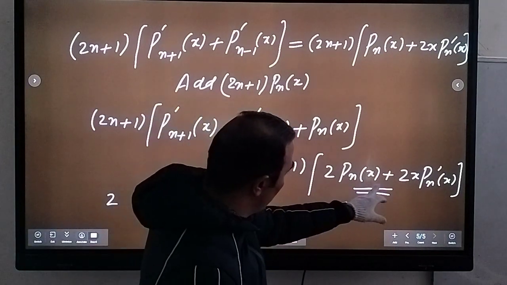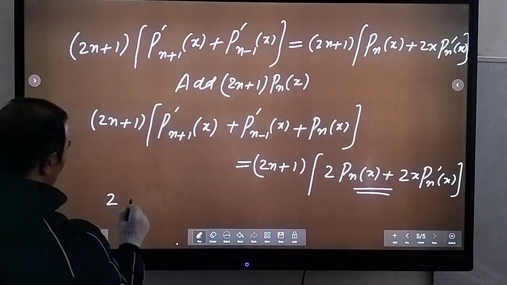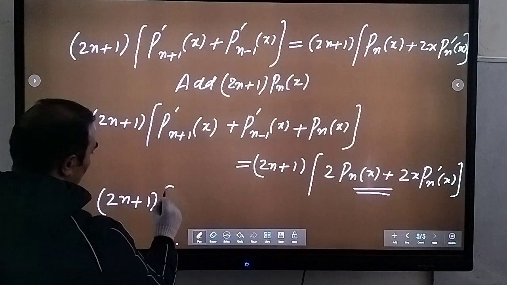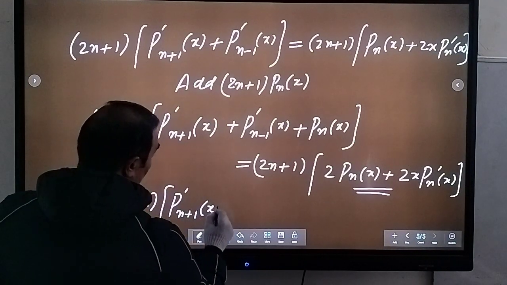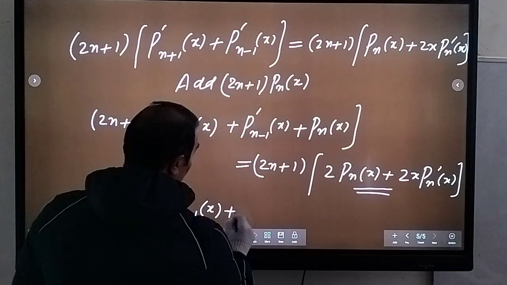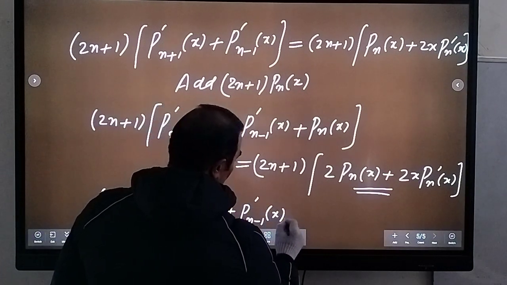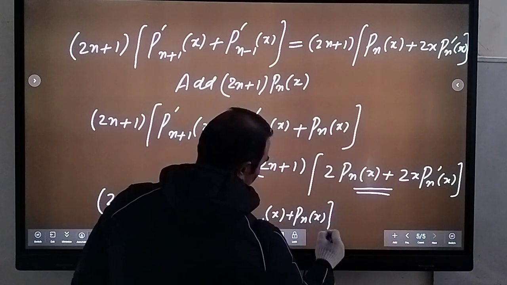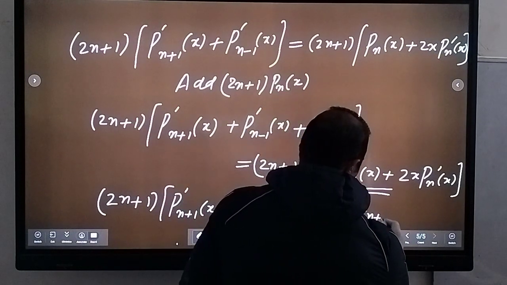So that is 2x Pn of x plus 2x Pn dash of x into the earlier equation. Or you can write this as that (2n plus 1), and I can also write it as (2n plus 1) into Pn dash of n plus 1. So that will be equal to 2 into n plus 1.